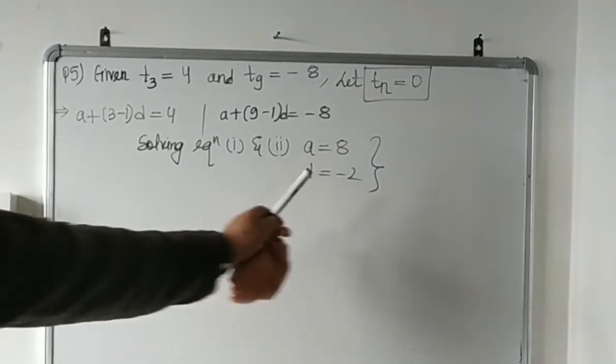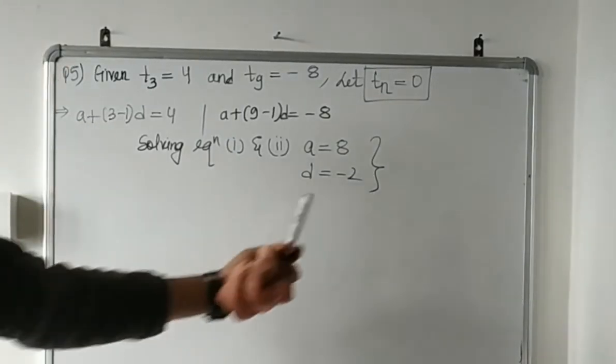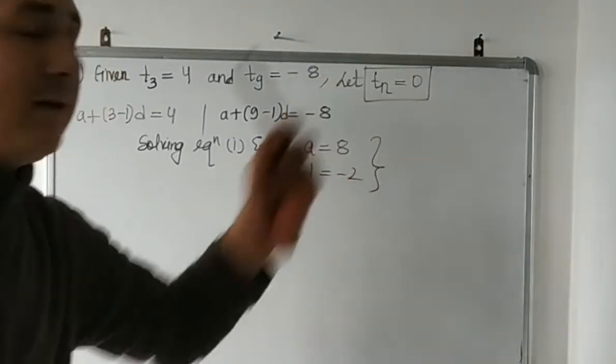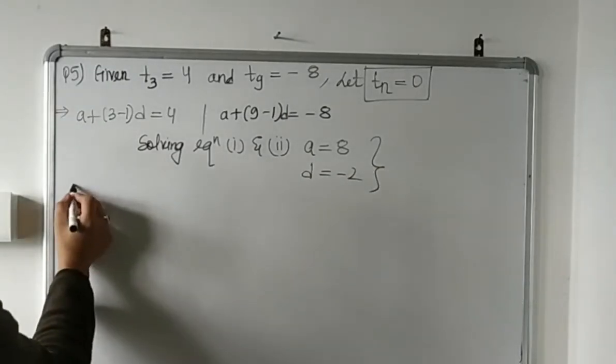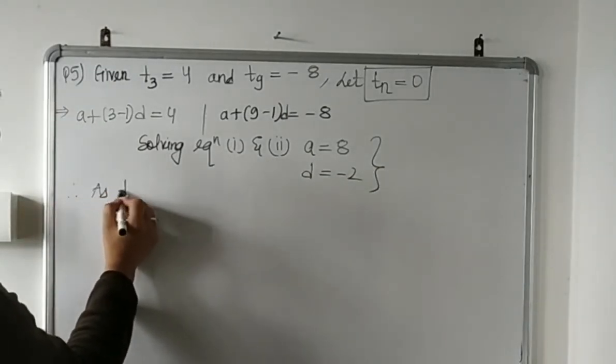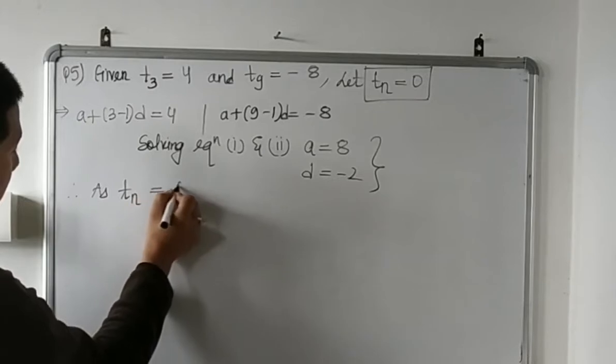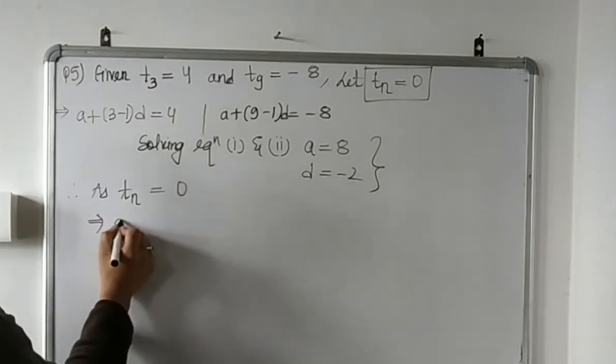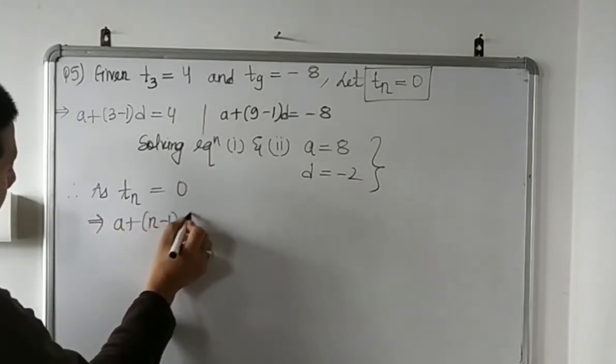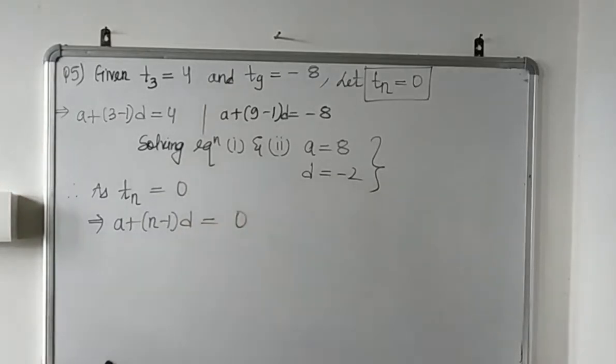The question is asking which term will be 0. According to our assumption, the nth term is 0. So as Tn equals 0, use the formula A plus n minus 1 into D equals 0.